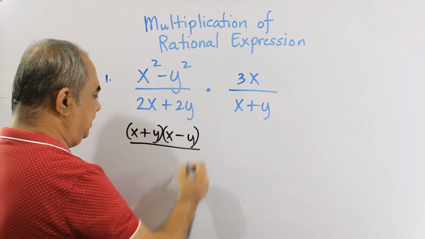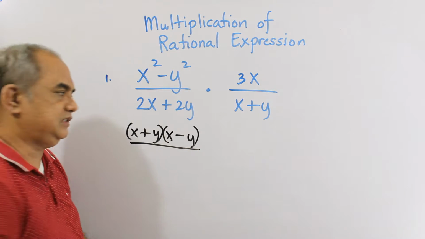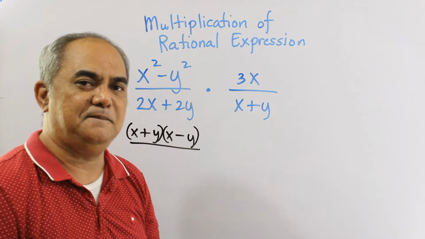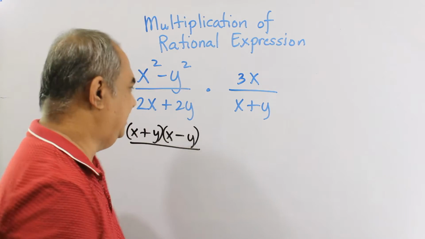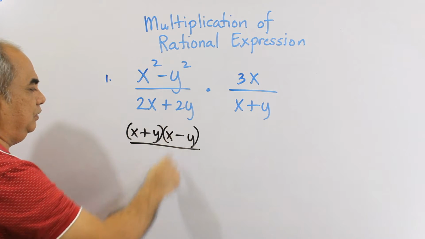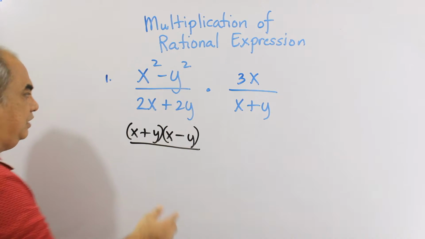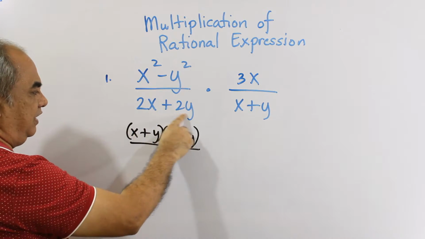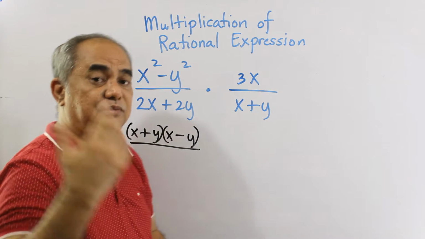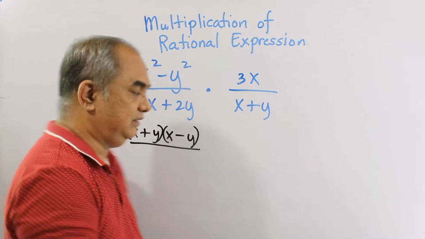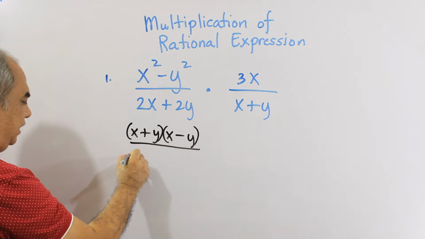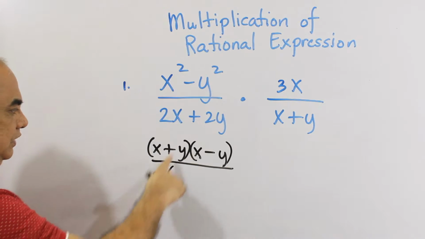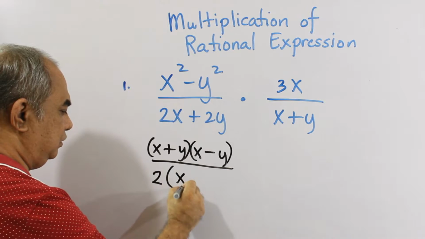Now let's go to the denominator. Let's ask again ourselves, is this expression factorable or not? What do you think? Oh yes, it is. Using common monomials, we have to factor out the 2 here, but they are variables, you cannot factor them out because they are different. So you factor out the 2 here. 2x divided by 2 will give us only x as your quotient.